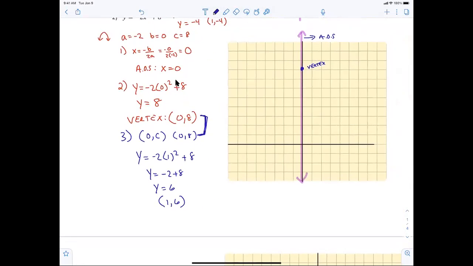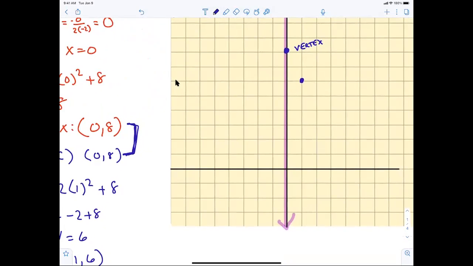So now everybody graph 1, 6. Now, how far away am I from the axis of symmetry? 1. So that means I have to go 1 on the other side of the axis of symmetry.